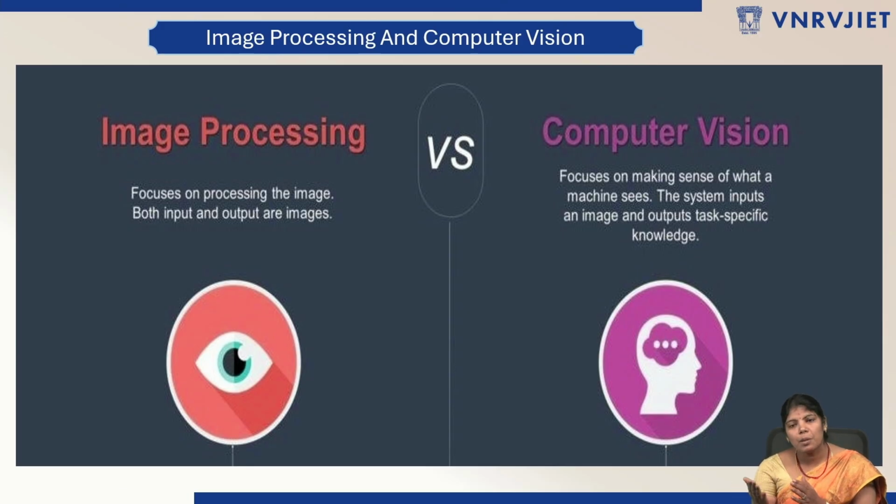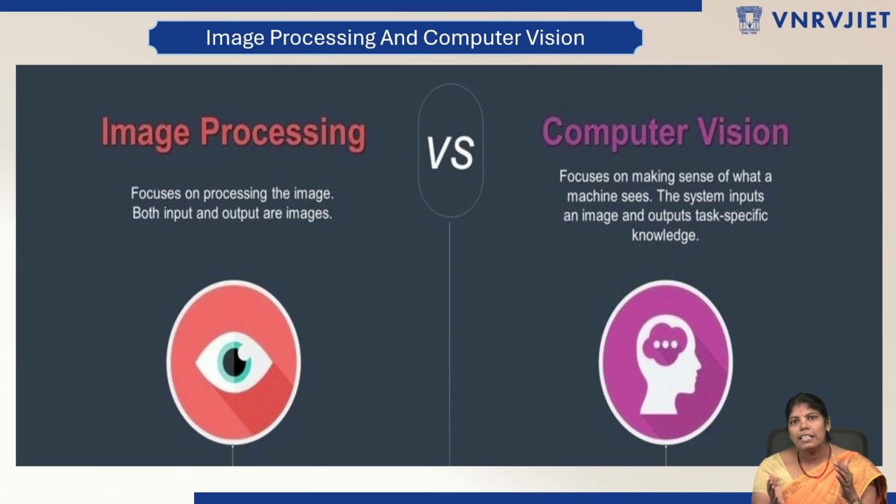But when it comes to computer vision, the main objective is to make sense for the machine. How a human senses by seeing any object, the same thing is applied to the machine. We are making the machine understand the scenario, and it will interpret the data. That is computer vision.